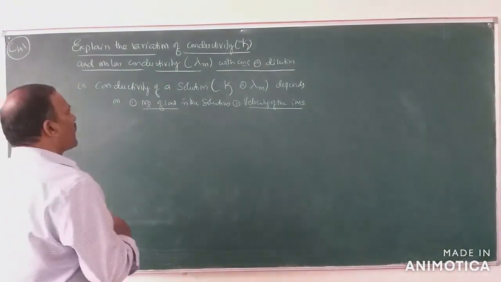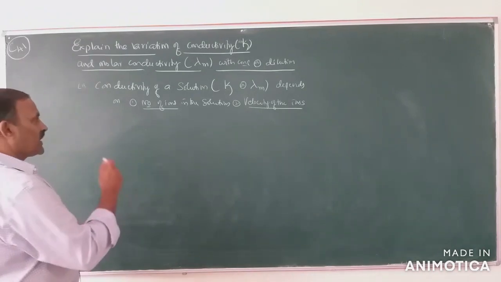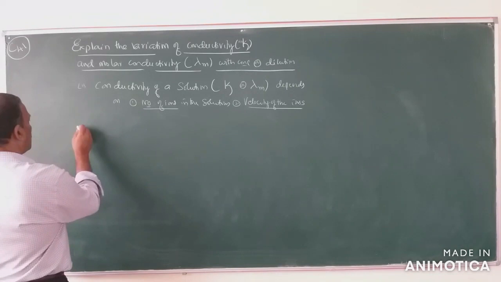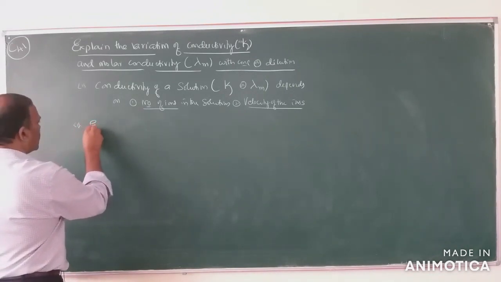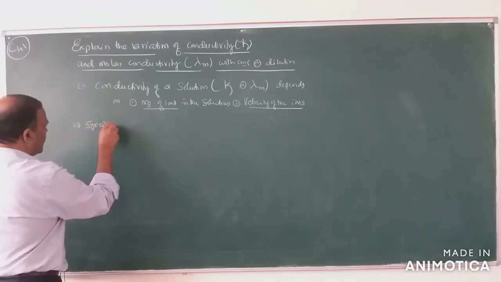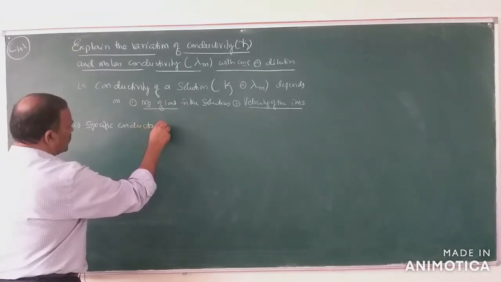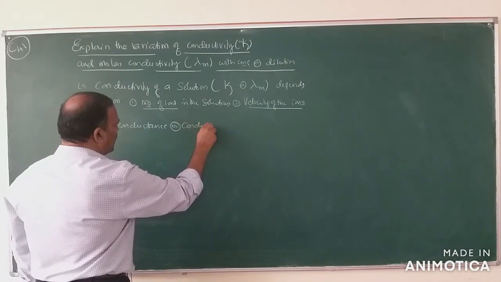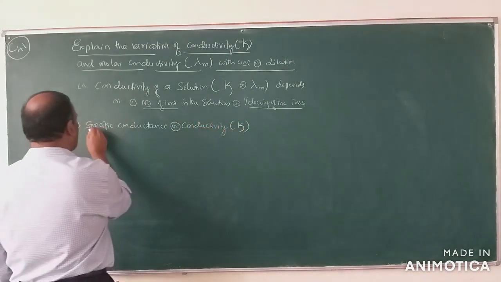So here we will know what is the effect of dilution or decrease in concentration on conductivity. First we will know conductivity, specific conductance. It is also called as what? Conductivity. It is represented as kappa.